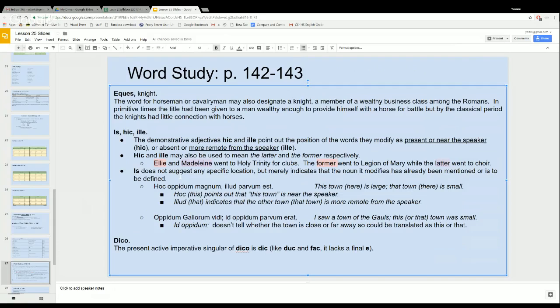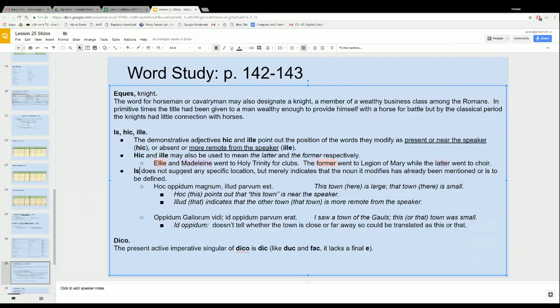That's great. All right. Now, let's look at is. The thing with is, it does not suggest a specific location. It merely indicates that the noun it modifies has already been mentioned or is going to be defined. In other words, we're going to explain it. That's what we mean by defined.